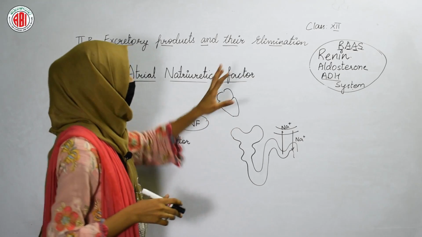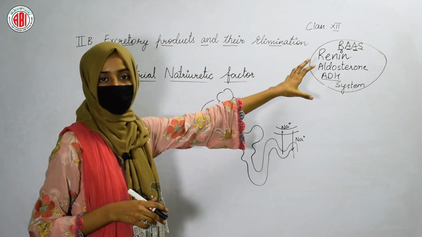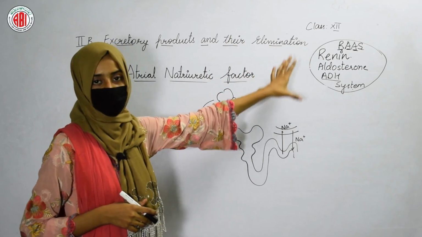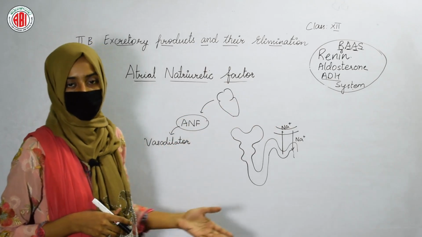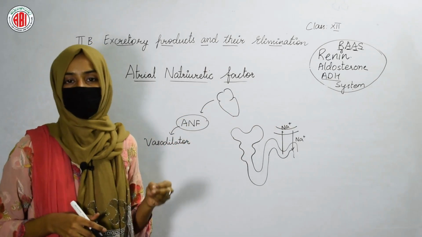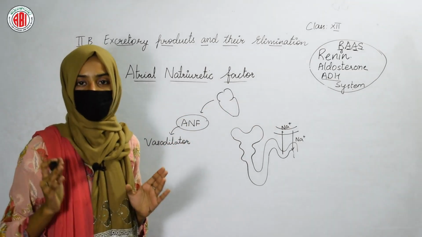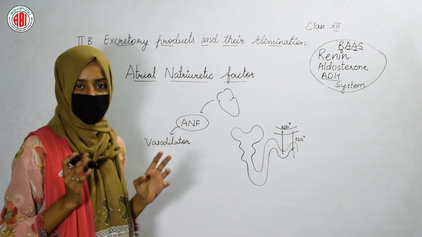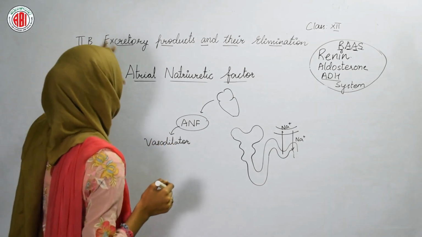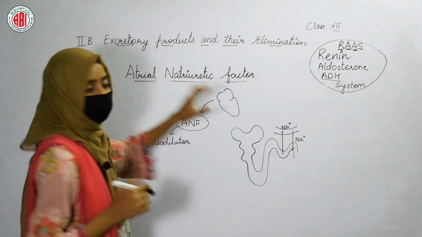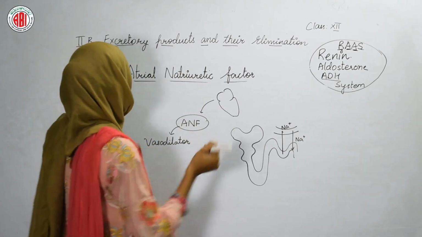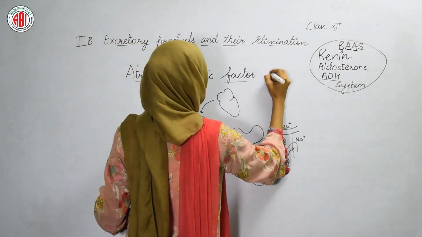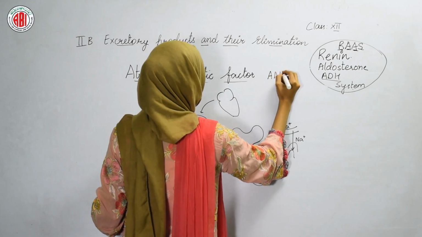So we have seen that RAS is a system which consists of different hormones that are responsible for increasing our blood pressure. But our heart does not like high blood pressure. Once the blood pressure becomes high, the role of atrial natriuretic factor starts. Atrial natriuretic factor can also be written as ANF.